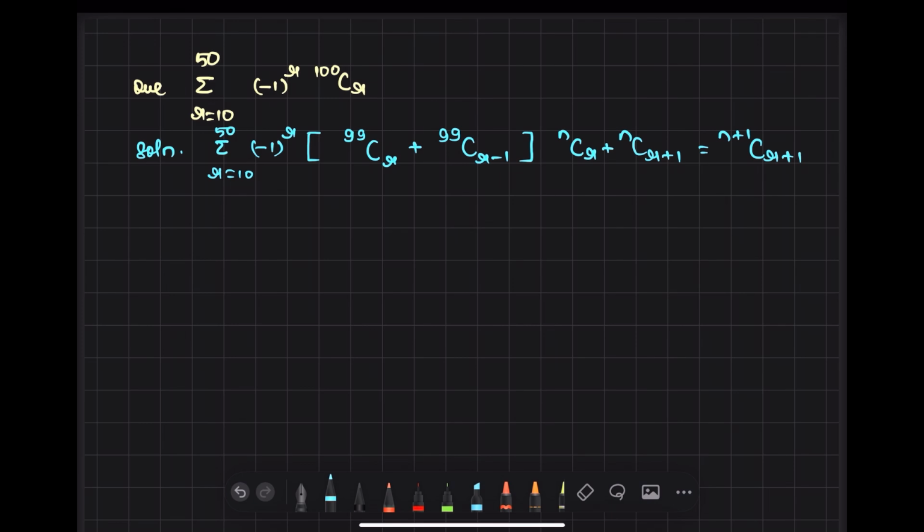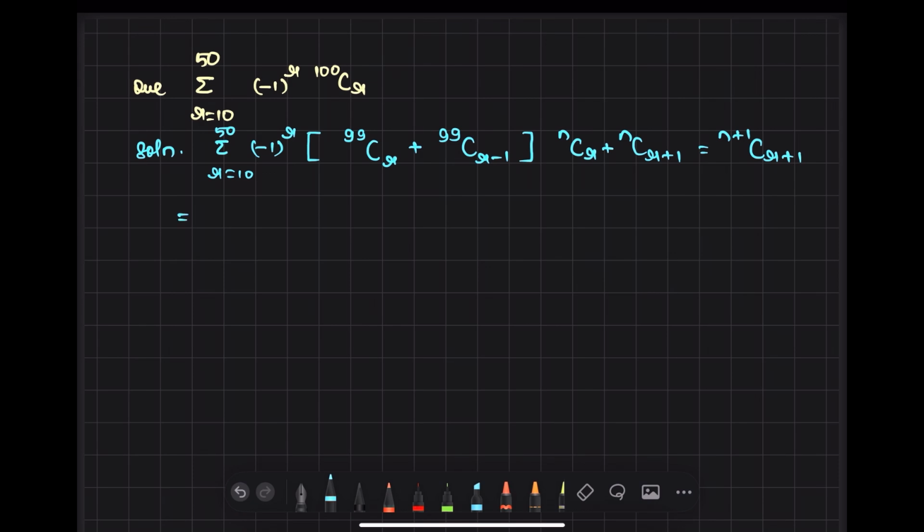Now look at this part. If you write this thing, you know that the upper subscript will be increased by 1, that will become 100, and lower subscript will be the greatest one. Correct? Now apply your limit and look at what will happen.